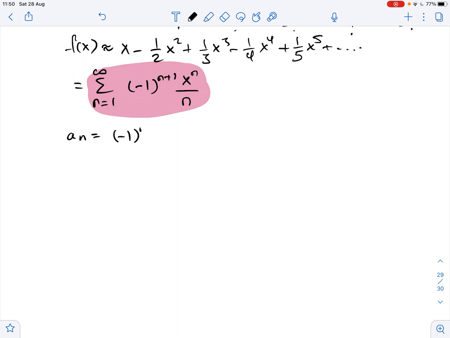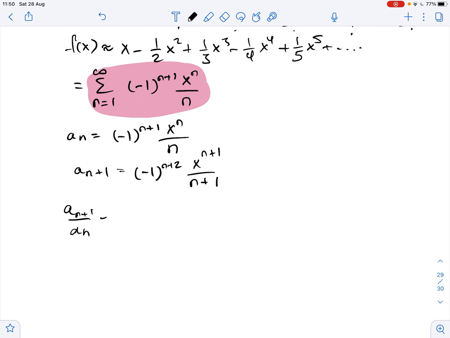In this case, a n equals negative 1 to the power of n plus 1 times x to the power of n over n, and a n plus 1 equals negative 1 to the power of n plus 2 times x to the power of n plus 1 over n plus 1.